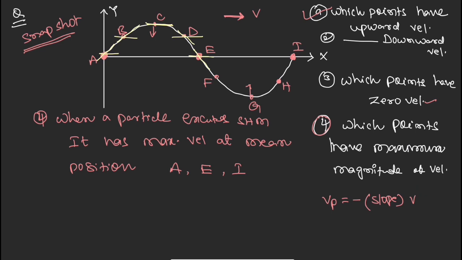For everything we mention the tangent is drawn and the x-axis. So what is the angle? This is theta. Here theta is less than 90. What type of slope is this? Positive slope. So this one also has positive slope.